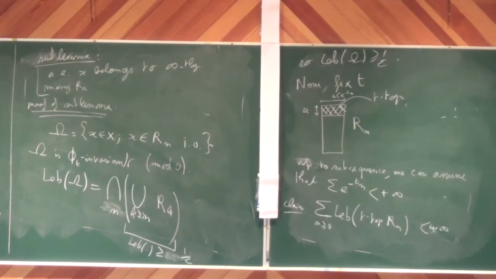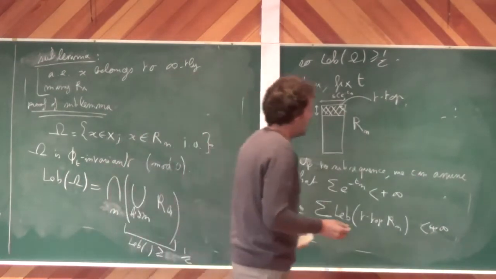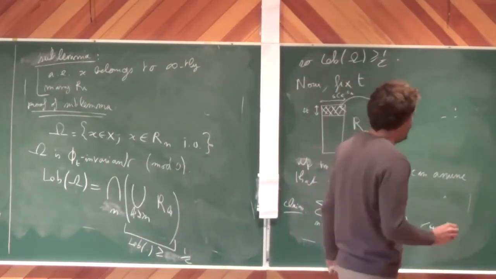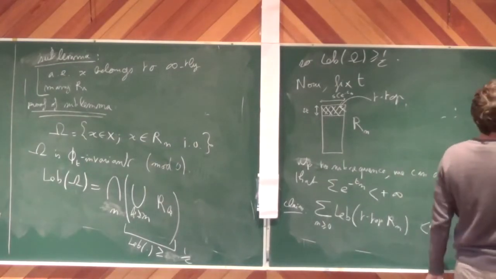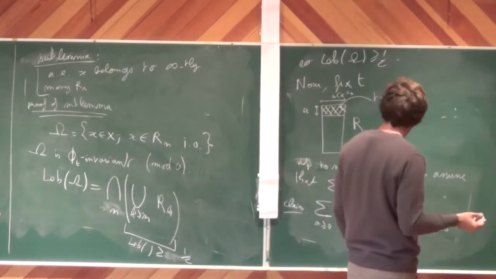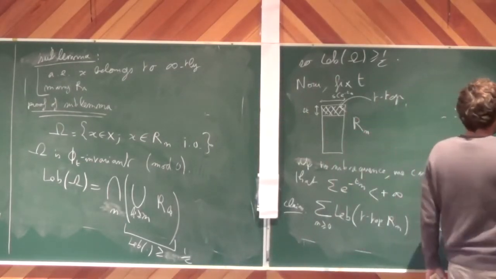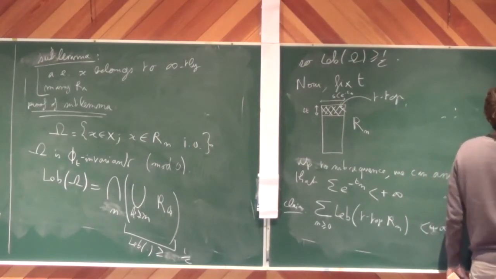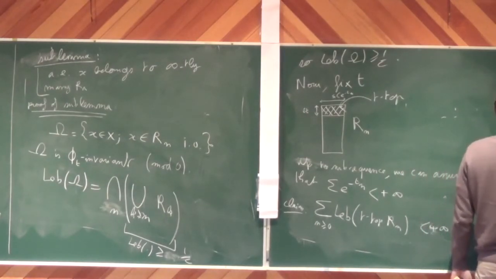Borel-Cantelli: the measure of the set of points x that belong infinitely often to some t top is 0 by Borel-Cantelli. So this is all I need. This is of 0 measure, so I can intersect it with the set I'm interested in. And this is clearly phi t invariant.